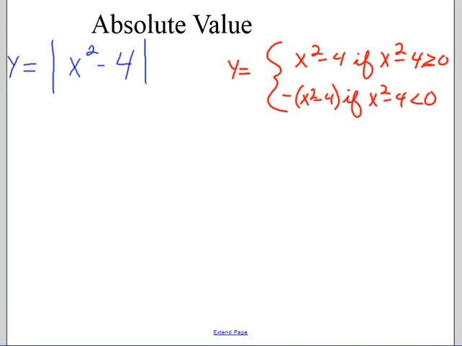If the stuff inside is negative, then the absolute value of that stuff is the opposite of it. And so that's what I've done here: I've taken the opposite of this stuff if the stuff is less than 0. If the stuff is positive, the absolute value of 5 is 5 because 5 is positive. If the stuff inside is positive, you just make the absolute value signs go away.